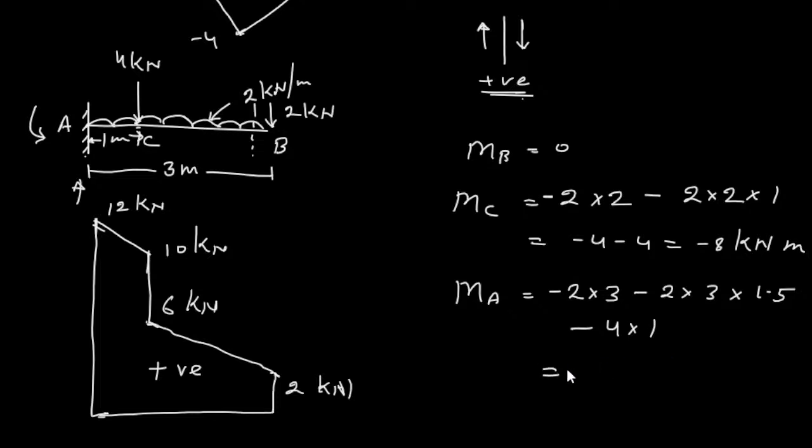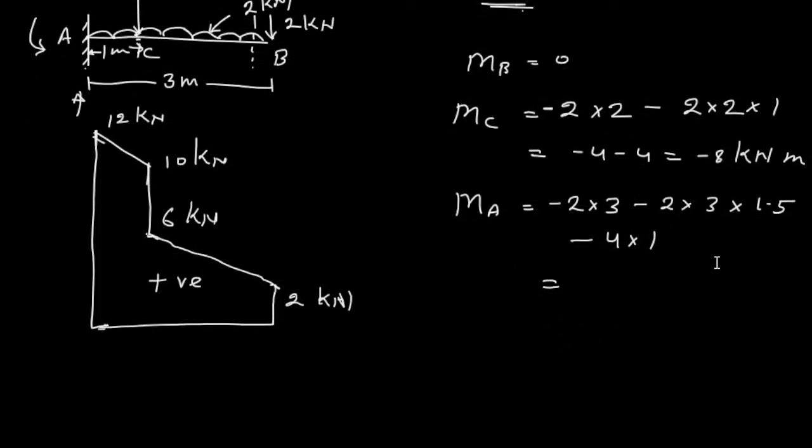So this is our bending moment at point A. Now we calculate it. It is minus 6 into 1.5, and then minus 4. So it is minus 19 kilonewton meter.